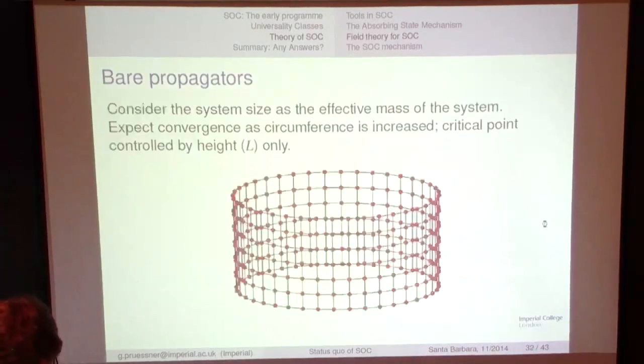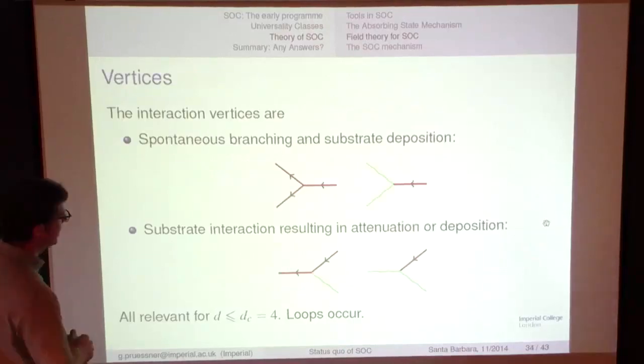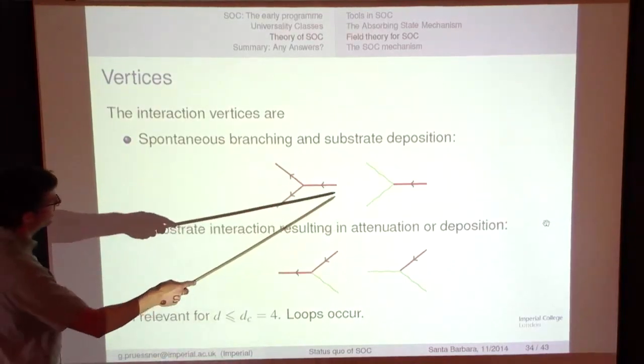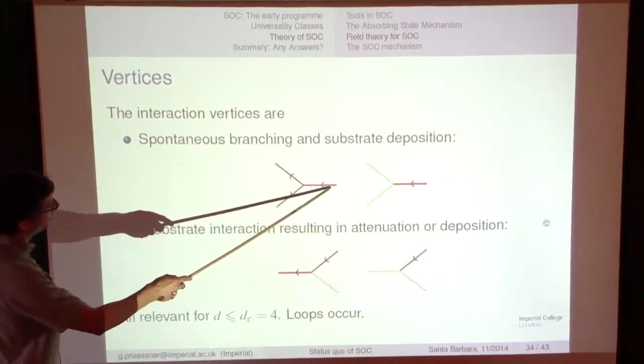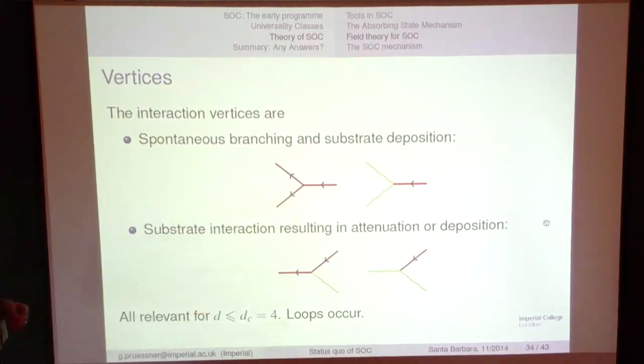Okay, so let's go through this here. Here are the vertices. The red line, I read it from right to left. The red line is the propagation of an active particle. And here is this branching that happens when an active particle.